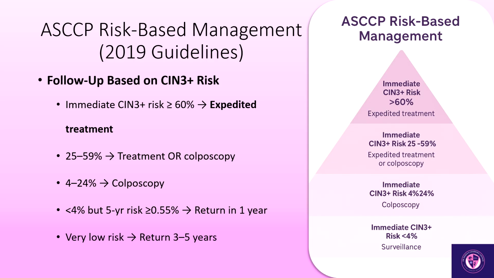And if the risk is below 4%, surveillance intervals are calculated based on the 5-year risk. So this shift ensures that women at higher risk get urgent care, while those at very low risk avoid unnecessary procedures. The guidelines are continuously updated, so it is essential for everybody, including the clinician and the pathologist, to be familiar with them for modern practice.